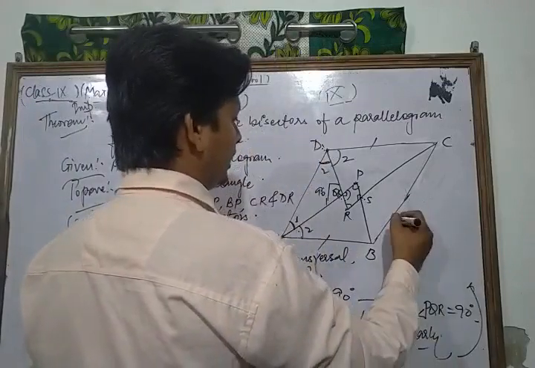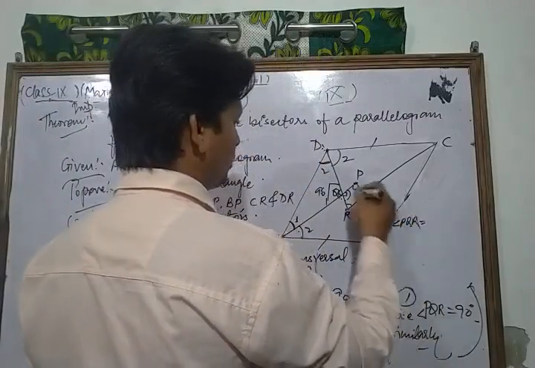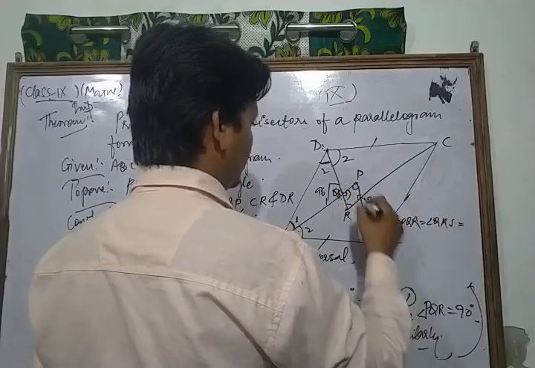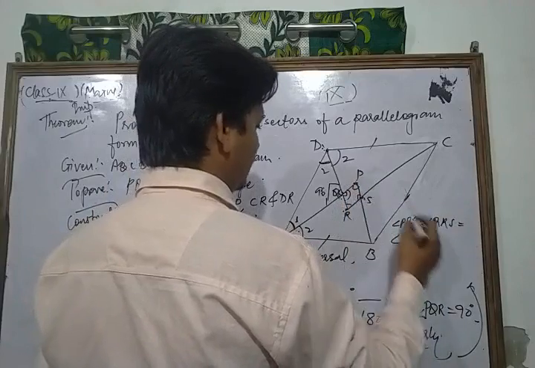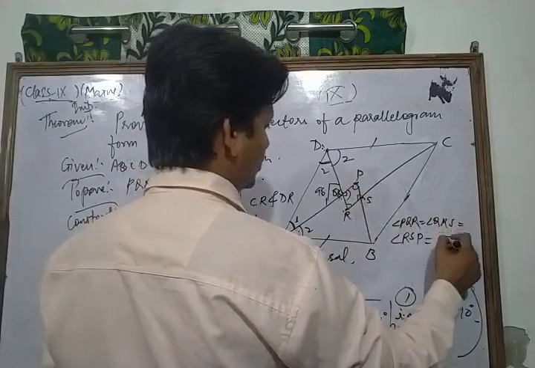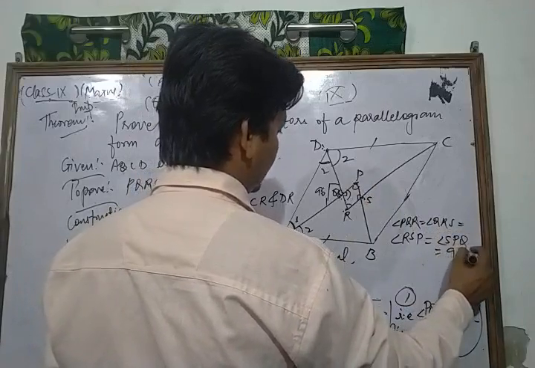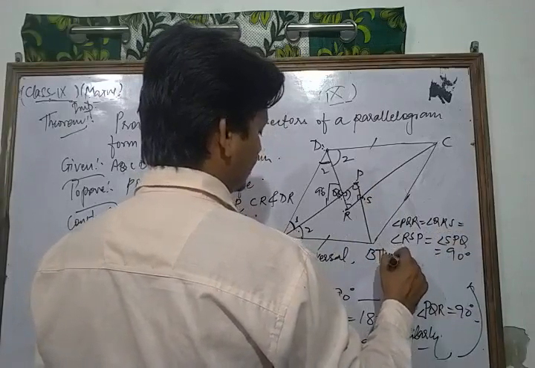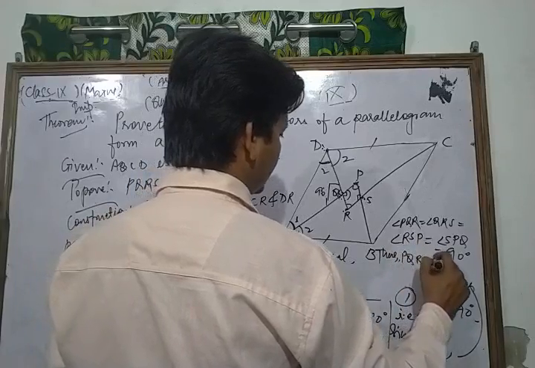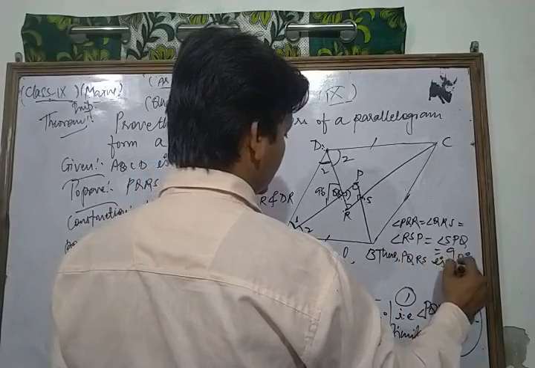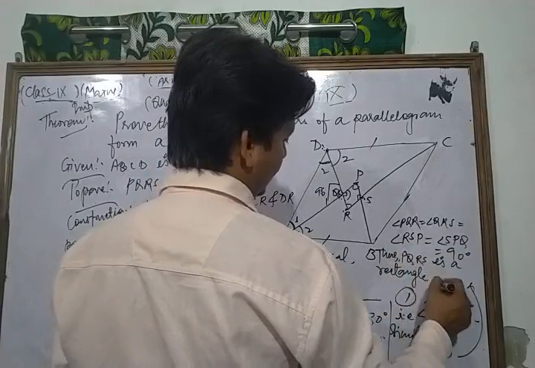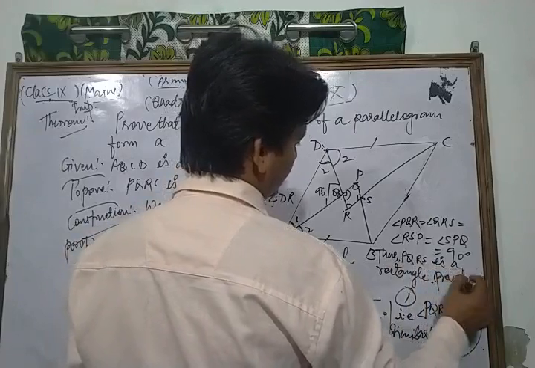Similarly, angle PQR is equal to angle QRS, angle QRS is equal to angle RSP, and angle RSP is equal to angle SPQ, each equal to 90 degrees. Thus PQRS is a rectangle. Hence proved.